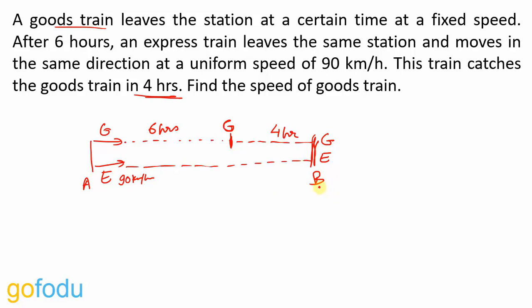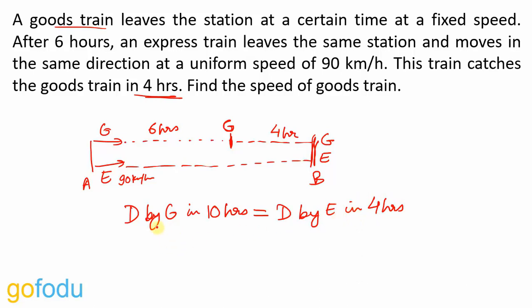So they both cover a distance of AB in order to meet here at B. So we can say distance travelled by goods train in 10 hours, since the goods train took 10 hours to reach from A to B, will be equal to distance travelled by express train in 4 hours.